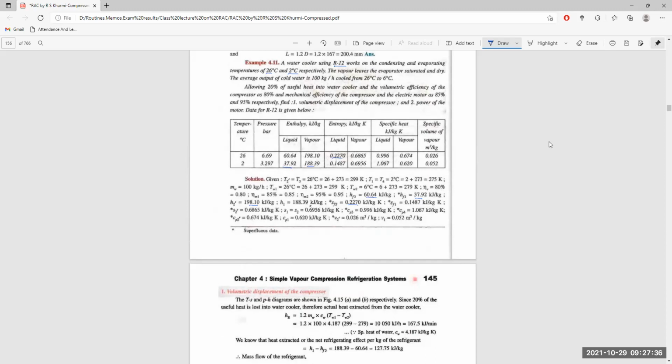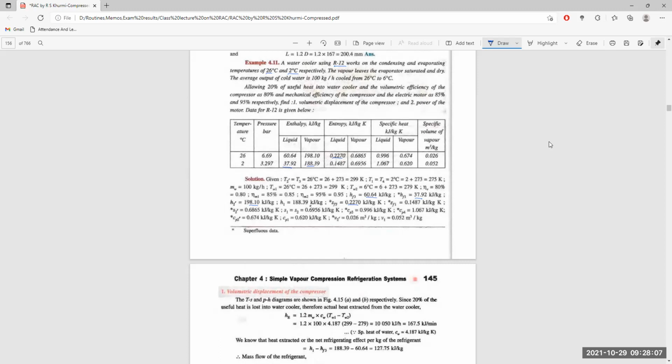SF1 is the entropy of the fluid at point 1. The entropy at point 1 is the fluid state itself, at the evaporator temperature, which is 2 degrees centigrade, on the wet saturated line.